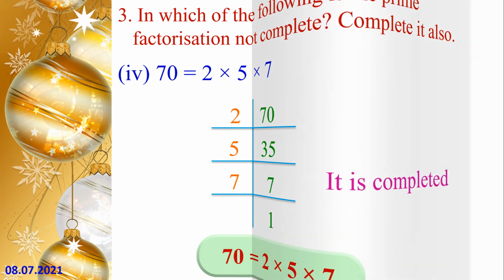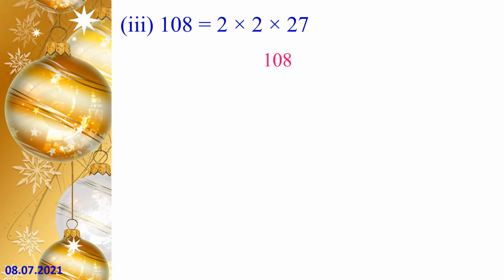Third sum, 108 equal to 2 into 2 into 27. So now we want to find the factors of 108. See children, here 108 is an even number, so it is divisible by 2.